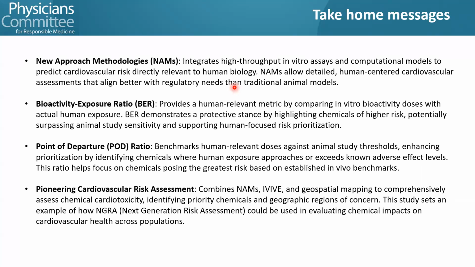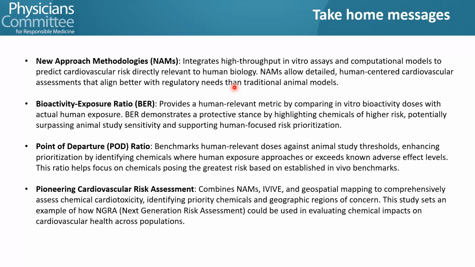So NAM, new approach methodologies, I have used this term thousands of times. NAM integrates high-throughput in vitro assays and computational models to predict cardiovascular risk directly relevant to human biology.